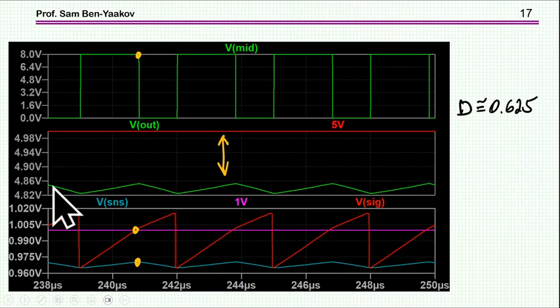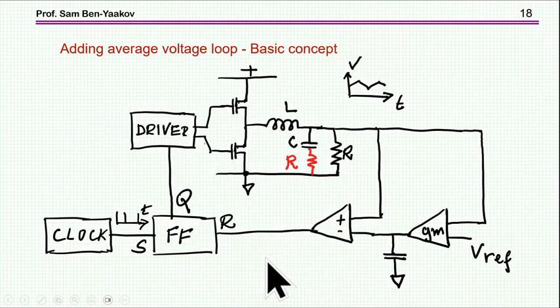Well, it's not that much, but still it is sort of moving away, and the average is not 5 volt as I would have liked to have, okay? So this is a problem that we have here when we have the slope compensation, and in fact it is a problem with the method itself, because it's looking at the peak and not at the average. But this can be corrected.